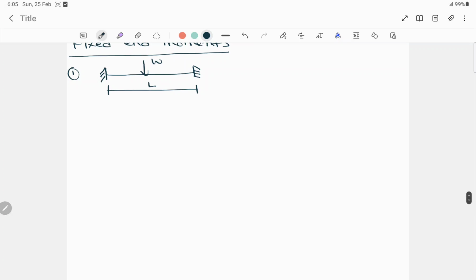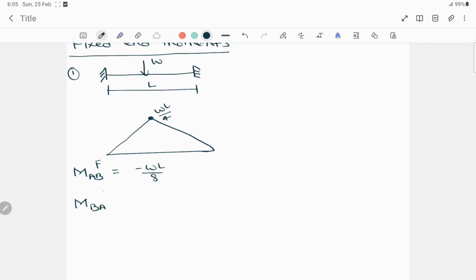So the bending moment diagram will be like this in this case, and the maximum bending moment will be WL by 4. So for finding the fixed end moment about A to B, it is minus WL by 8, and if we have to calculate from B to A, the fixed end moment will be positive WL by 8. These things you have to remember.